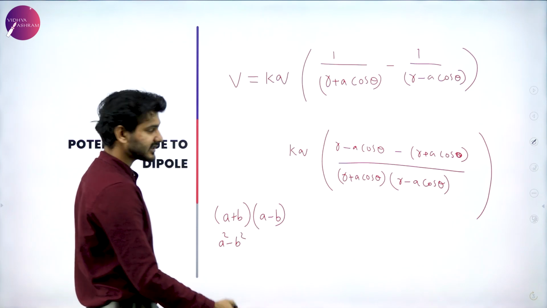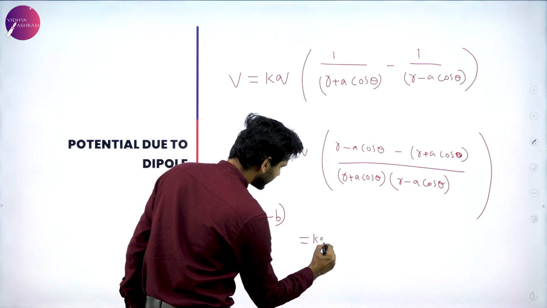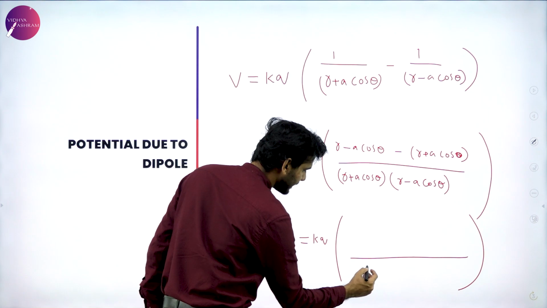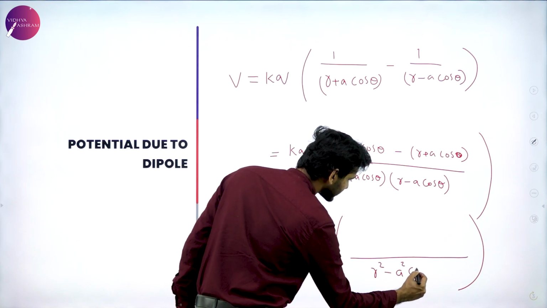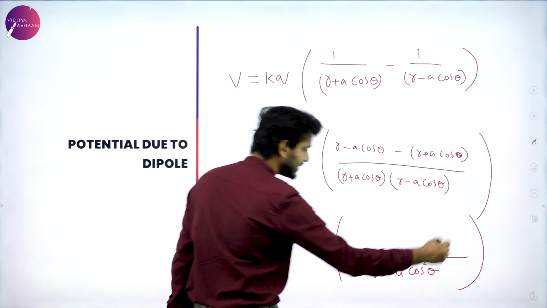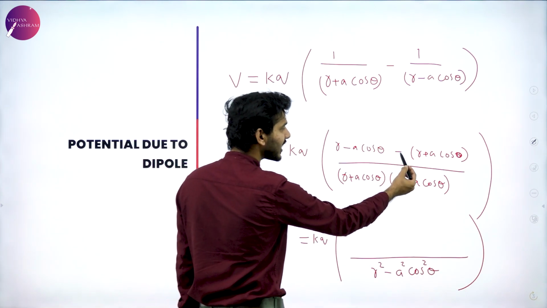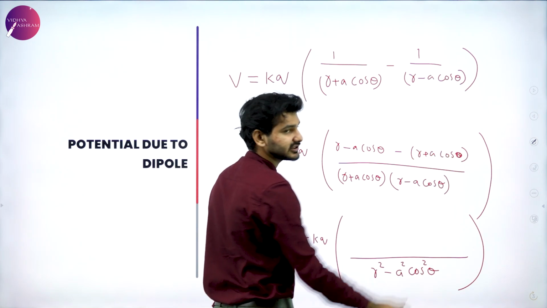So we can write the denominator as R square minus A square cos square theta. And for the numerator, we multiply the negative sign inside, so minus R minus A cos theta.